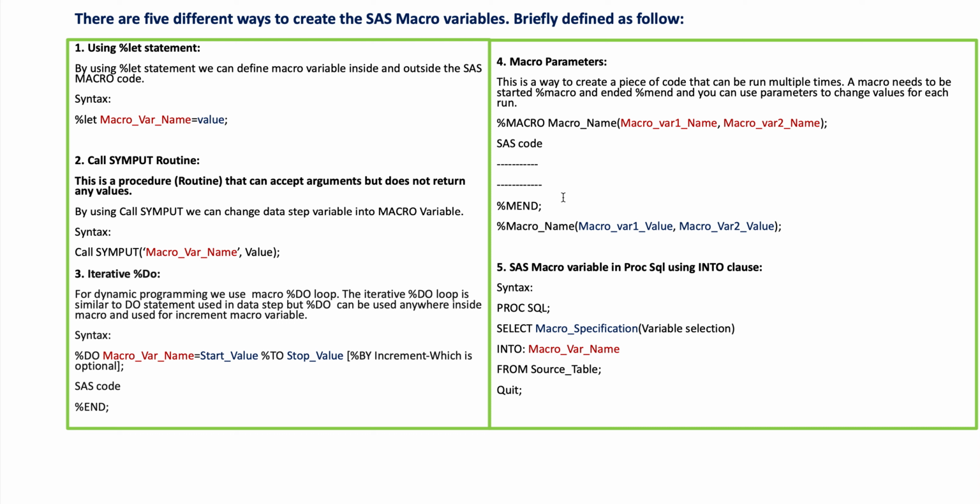The ending of the macro is %mend, and we are calling macro %macro_name, whatever we provided at the starting point. And inside the parentheses, we provide the value of macro variable, macro_var1_value, that represents the value of first macro variable, macro_var2_value that represents the value of second macro variable.